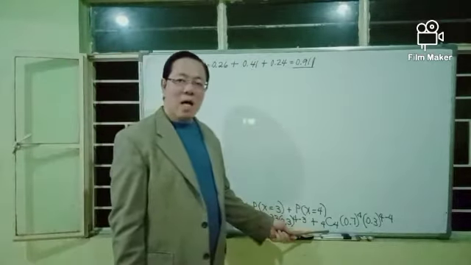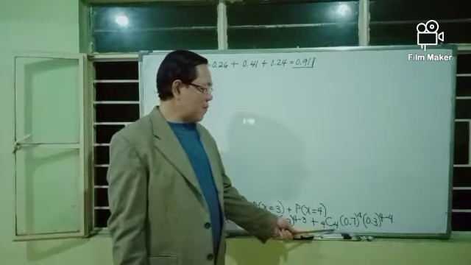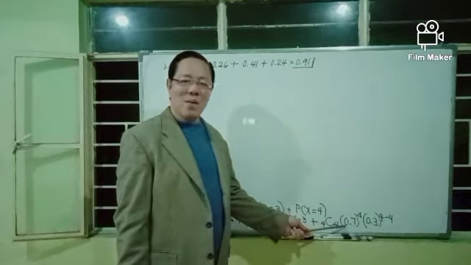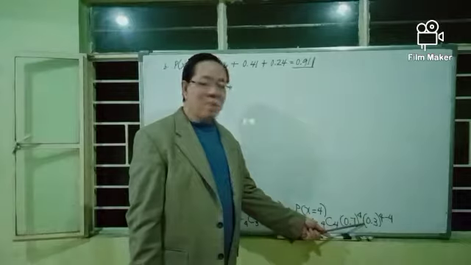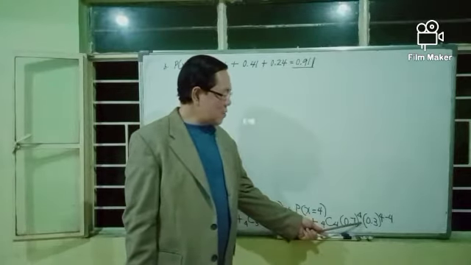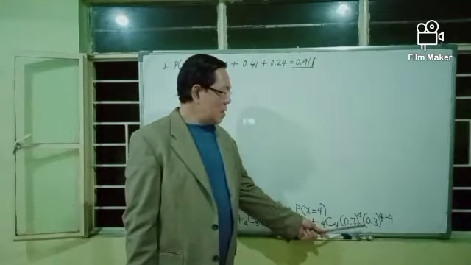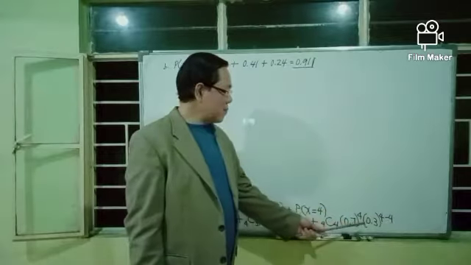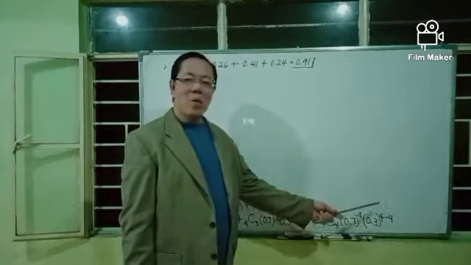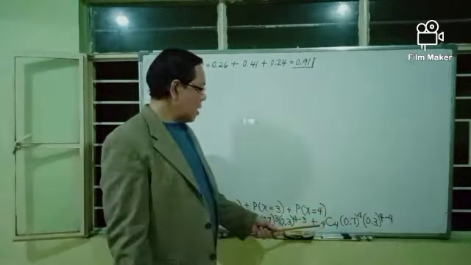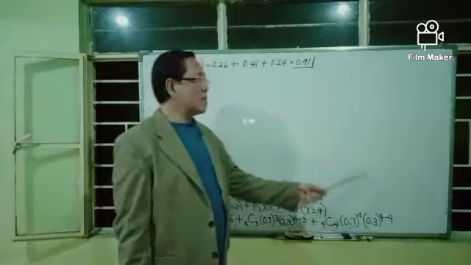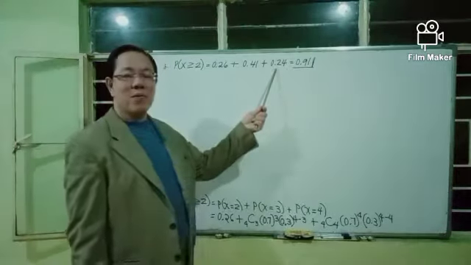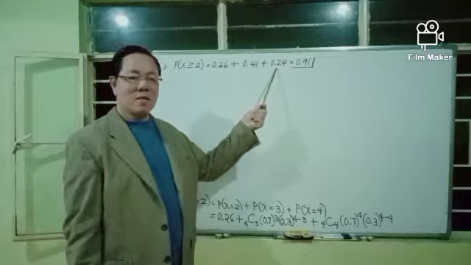And the value of the last term, combination of 4 taken 4, multiplied by 0.7 to the power 4, multiplied by 0.3 to the power 0, 4 minus 4 is 0, so 0.3 to the power 0 is 1, is given by 0.24 in 2 decimal places.